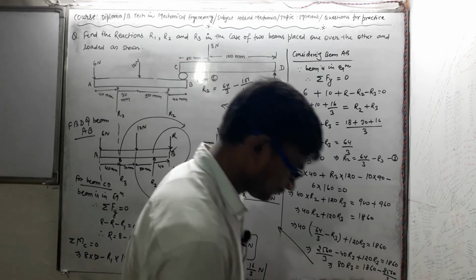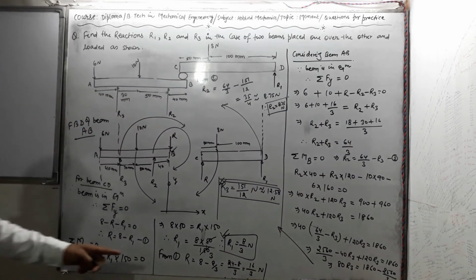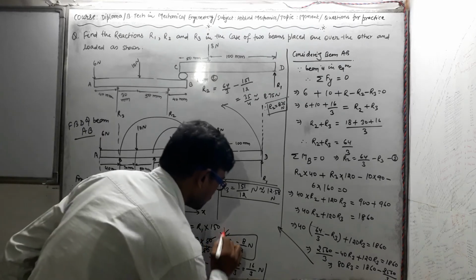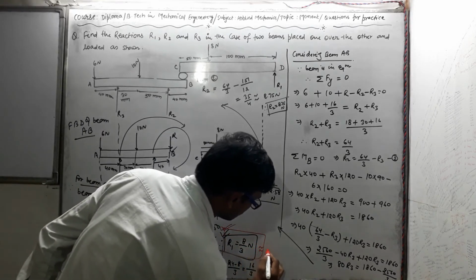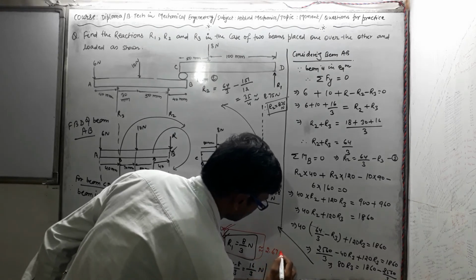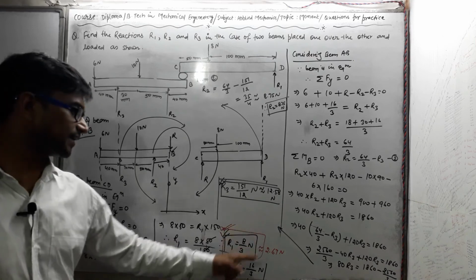Here we have got R1 which is equal to 8 upon 3, or we can say 2.67 Newton approximately, because it is non-terminating but repeating.